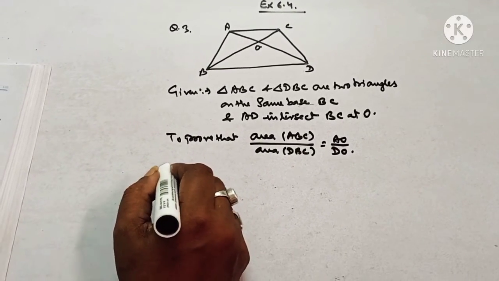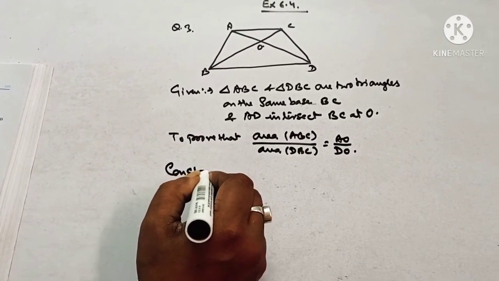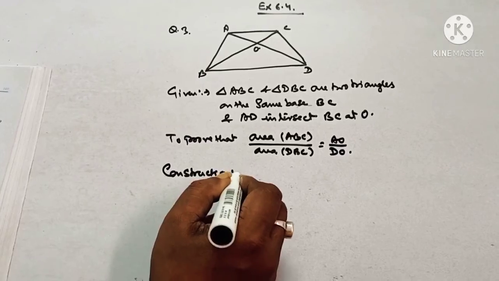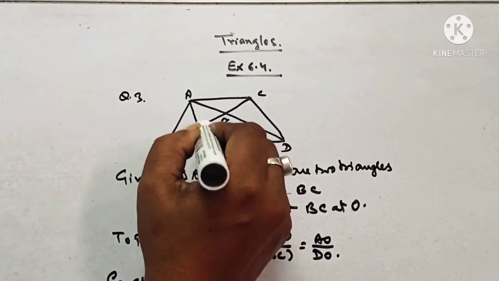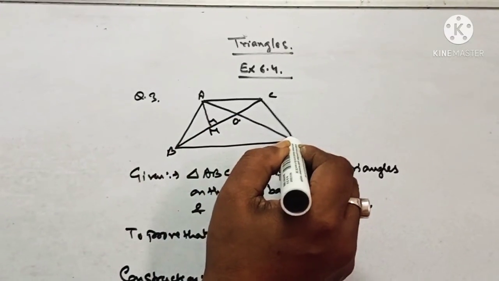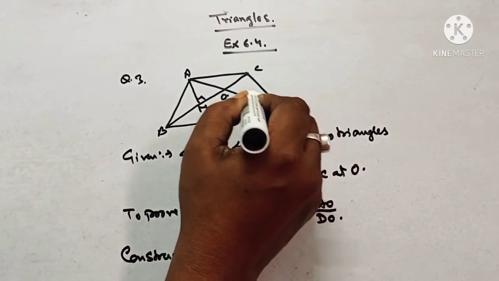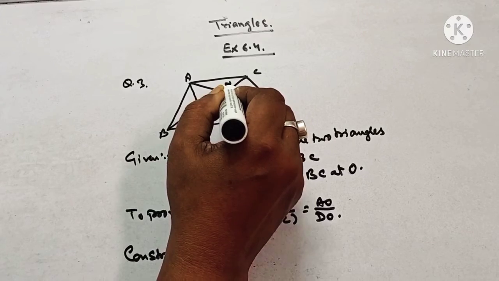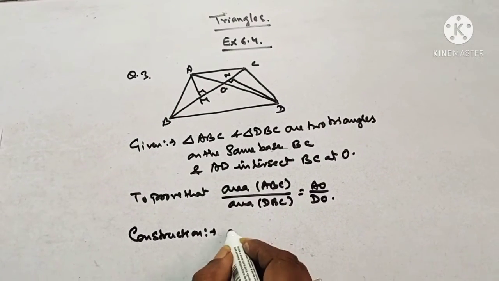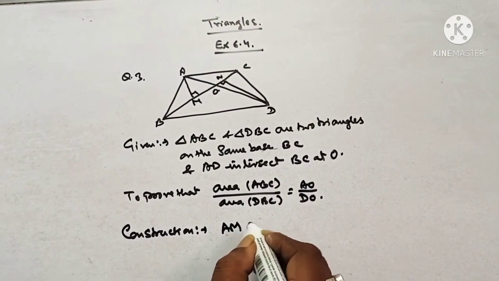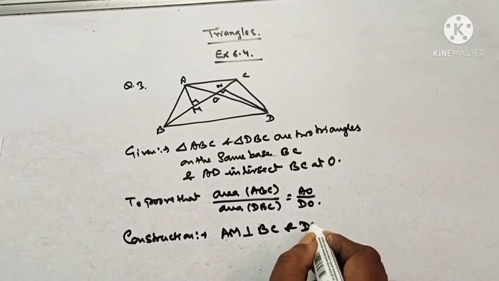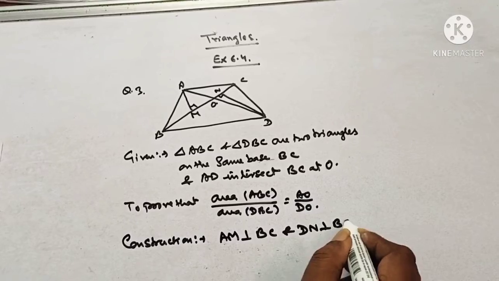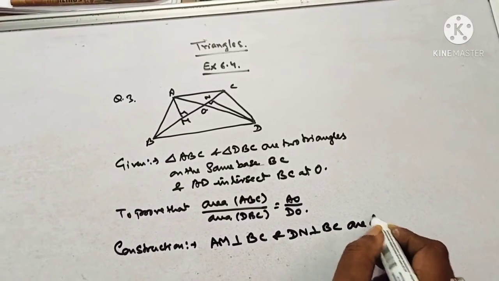So we have to do a construction that is AM perpendicular to BC and DN perpendicular to BC are drawn.